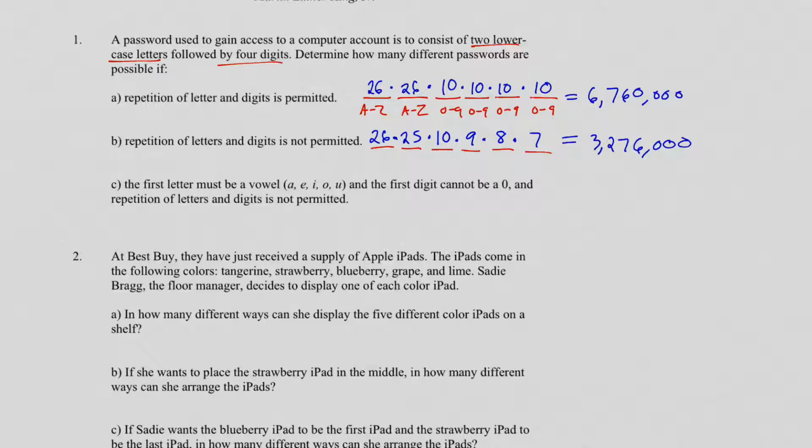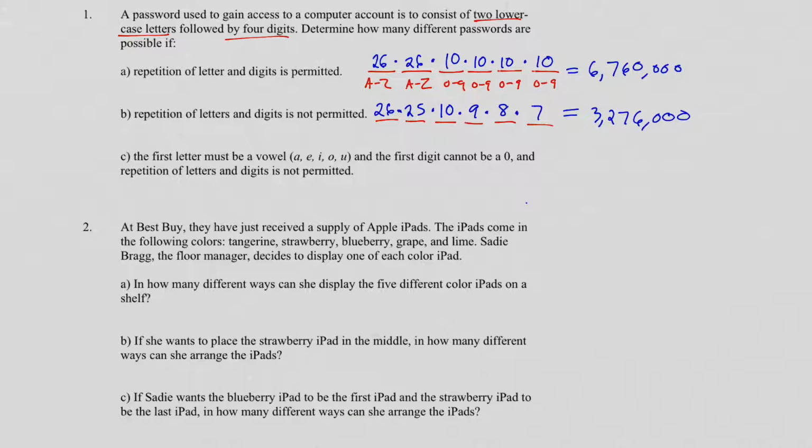The other one was in half, and this looks about in half as well. Yeah, about 3 million less. So that's not good for you as a consumer, but it is good news for a hacker or a thief.